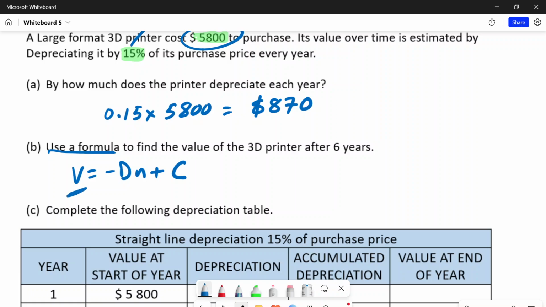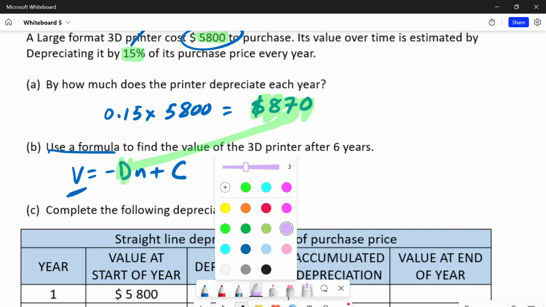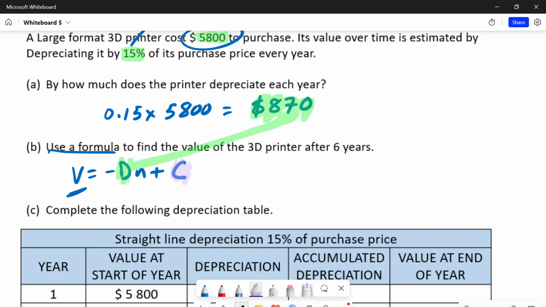So that's what V means. The D, capital D, is the depreciation per year. We just found that out. That is $870. That's the same as that one there. N is the number of years, and C is the original cost, or the purchase price. So that there is our 5,800 from before, the original cost.